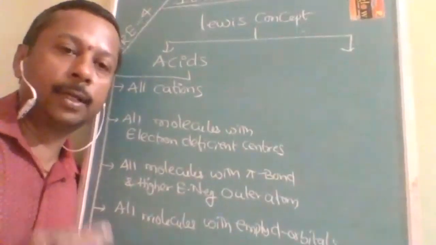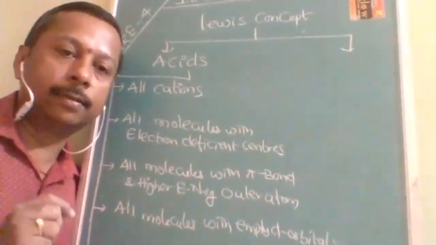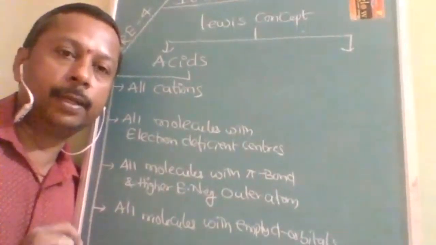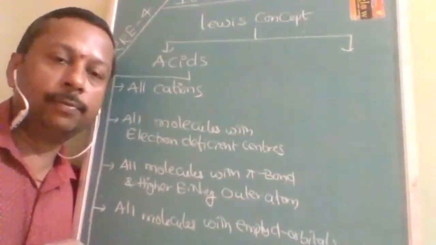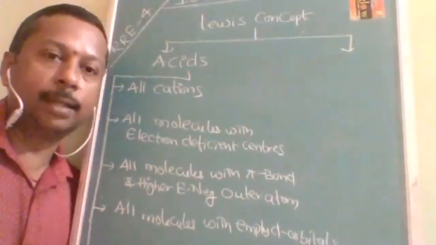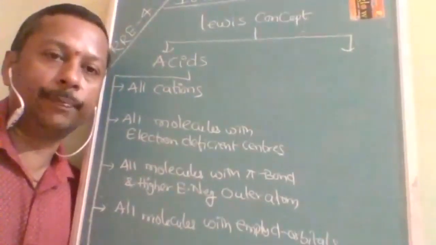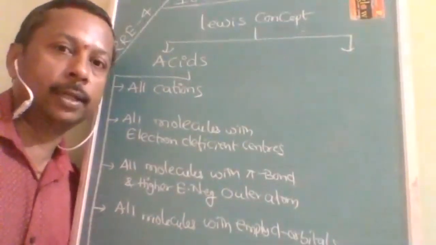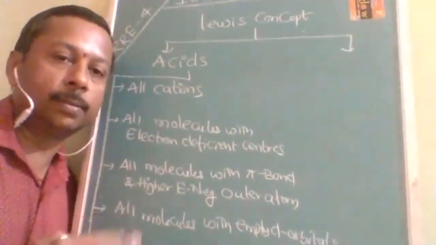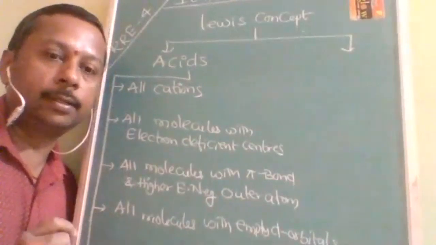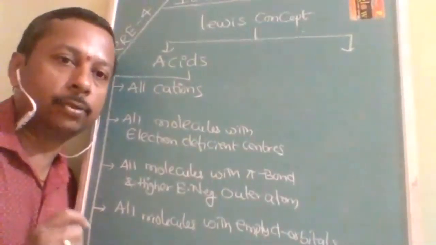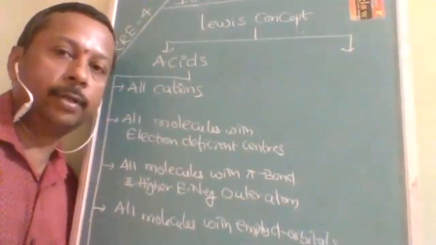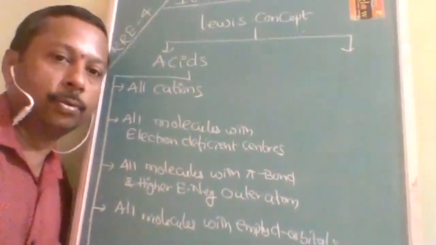As it is an RRU series, one chapter, one day, one lecture, I am focusing only on the examination-oriented questions. For detailed study, you have to go through the individual lecture on the Lewis concept. It is just a general idea and it is highly scoring. If you listen to this video properly, you are going to score good marks.